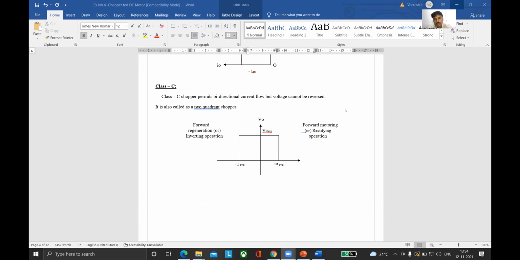Clear? So output current is positive and negative, and output voltage is positive. In which quadrant will it be operated? First and second, right? Class C chopper is operated in the first quadrant and second quadrant.